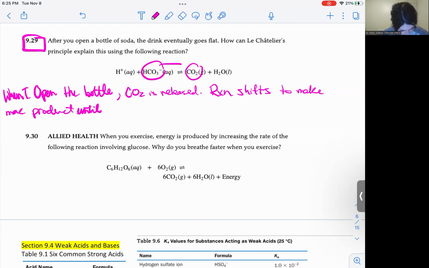Until my reactant is depleted. All right. So until we are depleted. All right.